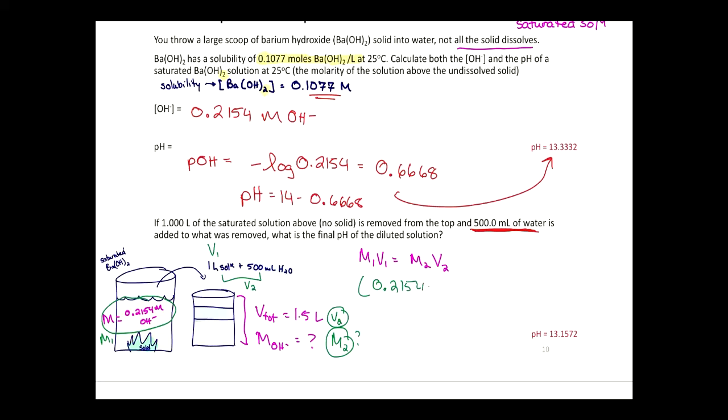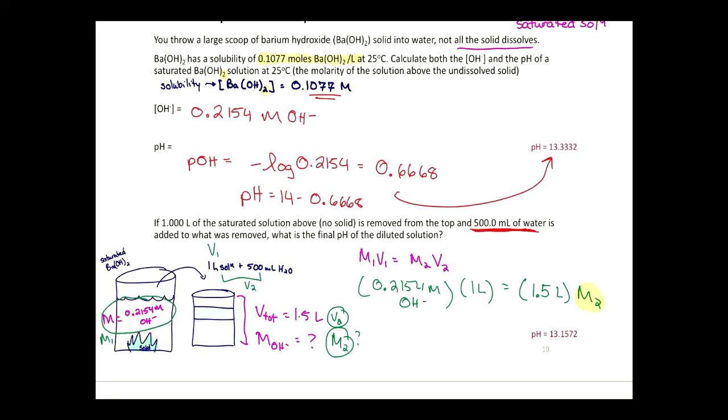So we're going to do 0.2154 molarity of hydroxide. That's the original hydroxide solution. We had 1 liter of that, and we're going to dilute it to 1.5 liters. And we are solving for what is the new concentration of that diluted solution. So hopefully it should be a smaller number than it was before.